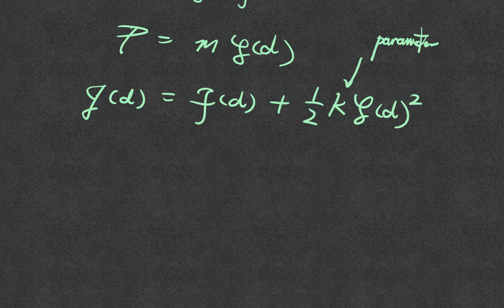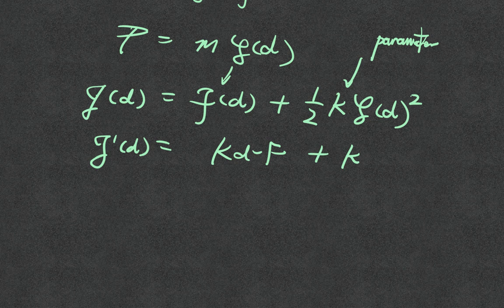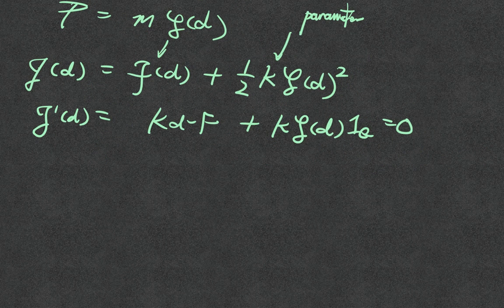Now, if I take the first derivative, let me not waste too much time here. I will get back Kd minus f from the first energy functional, but then I would also have the additional penalty term equal to 0. The important thing is this additional term.